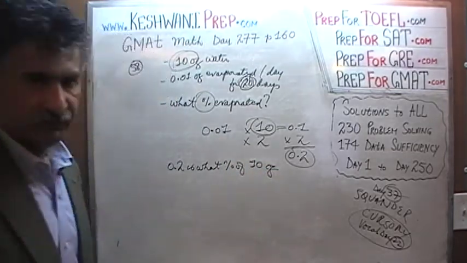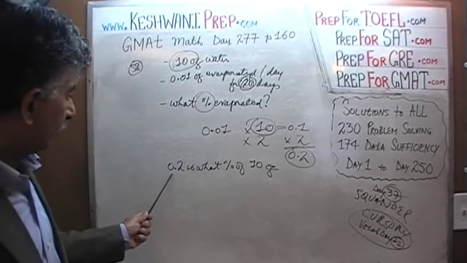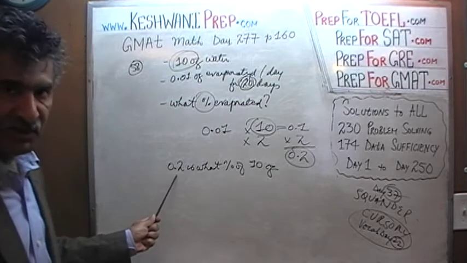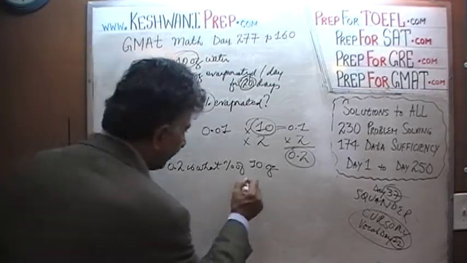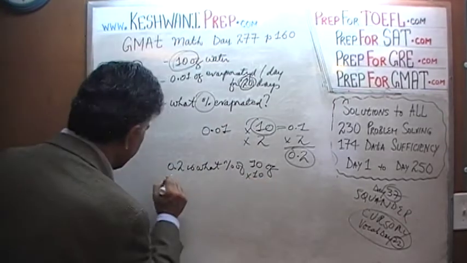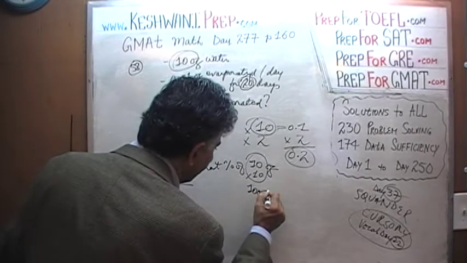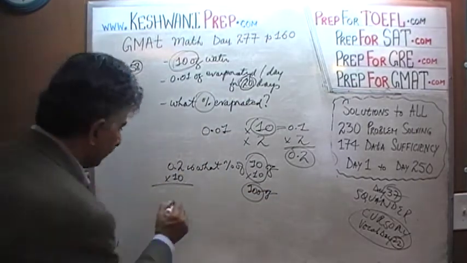Well, listen, it's very simple, very straightforward. 0.2 is what percent of 10. If you were to multiply both of these quantities by 10, 10 times 10 of course is 100 ounces, and 0.2 times 10 is just 2.